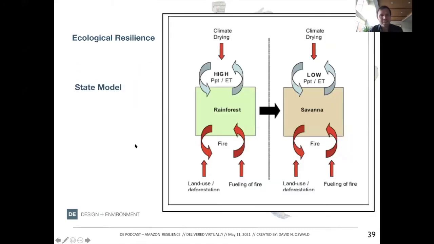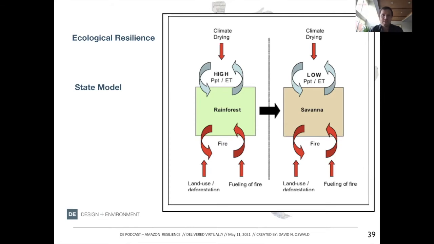So we go back to this model then. Now this makes a little more sense, I hope, why you draw these funny pictures with arrows and feedbacks and all this kind of stuff, because how do you measure all this stuff? Well, you got to find a way to do it that makes sense. We have seen in this short data that in the period of 2000 to 2006, there had been a state shift from rainforest to savanna.